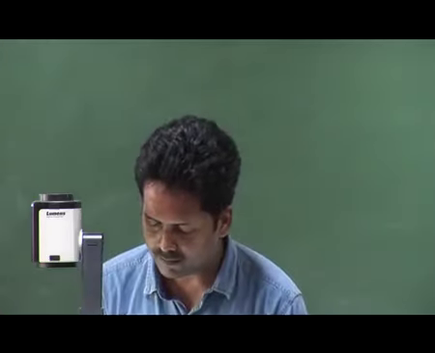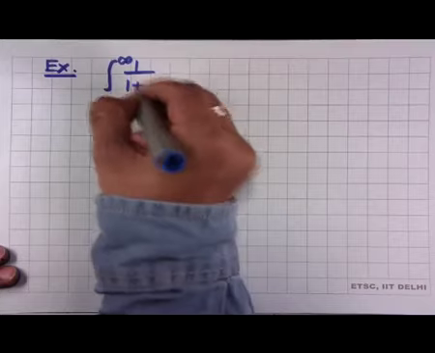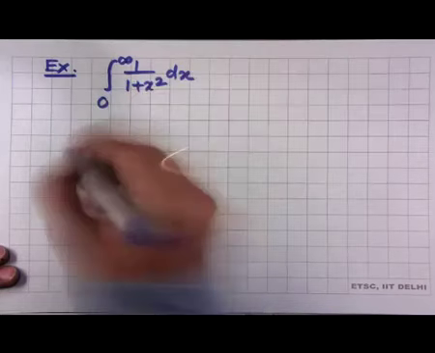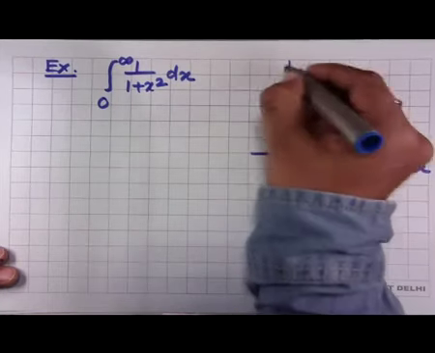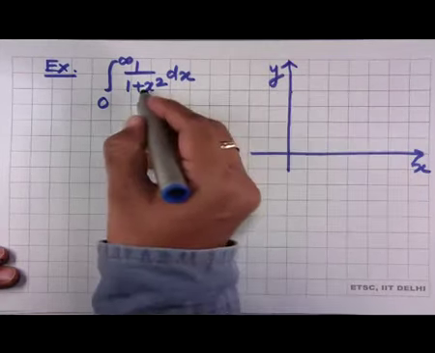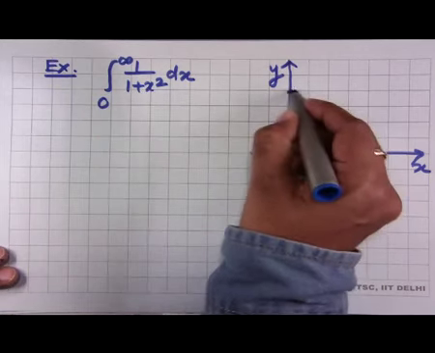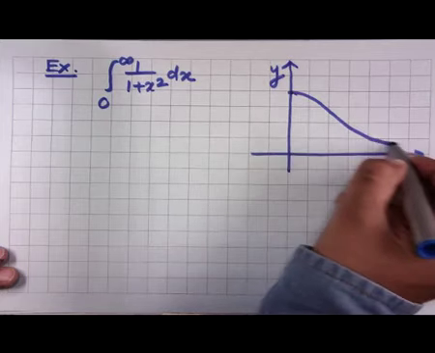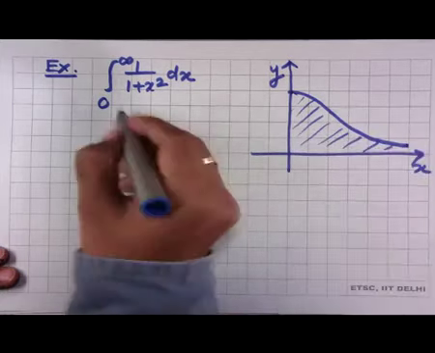So, example 1, 0 to infinity 1 by 1 plus x square dx. If you plot this curve, at 0 it is 1 and at infinity it is 0, it will go like this. So, this is the area that is governed by this integral.